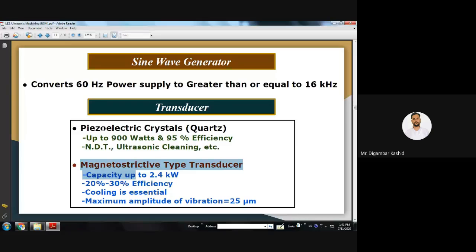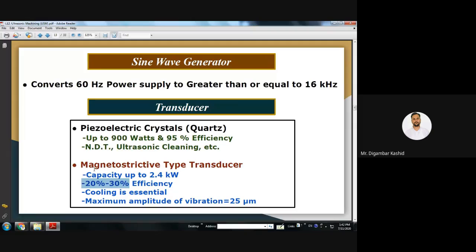This magnetostrictive type transducer has a capacity of up to 2.4 kilowatts, but its machining efficiency, as you can see here, is very low. It is just 20% to 30%.